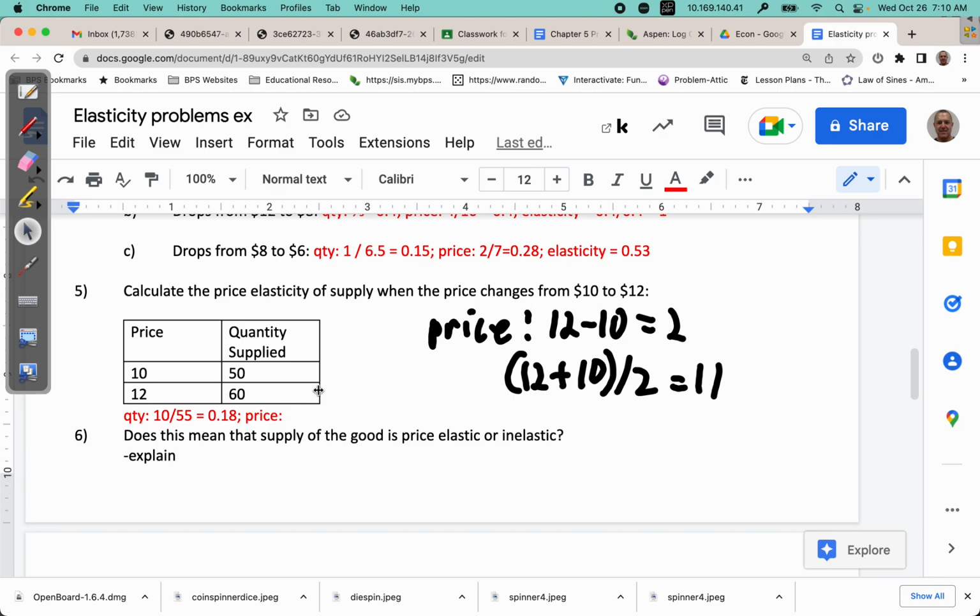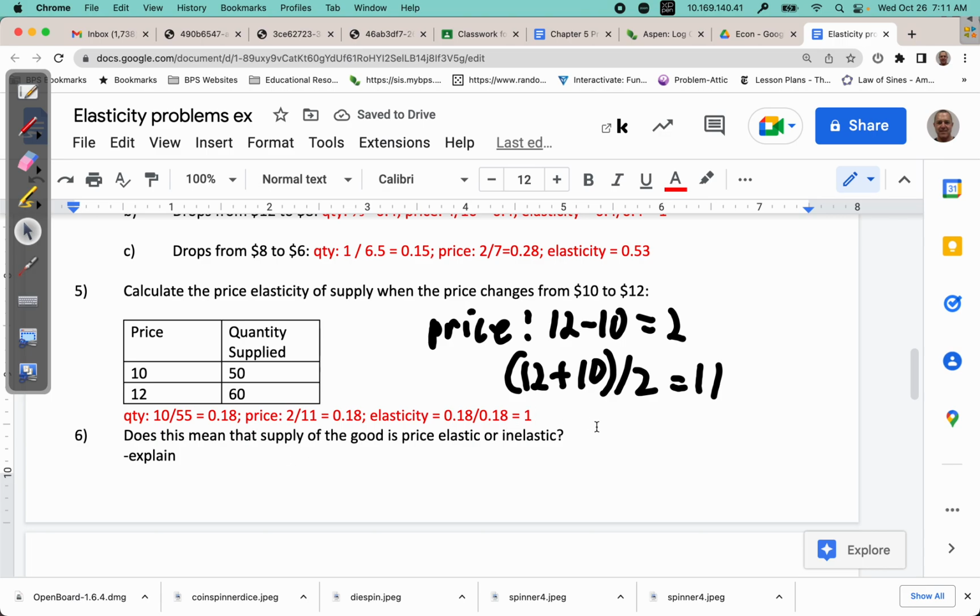So the percent change in price is 2/11. We call this the midpoint method of calculating percent change, by the way. And that's also 0.18. And so my price elasticity of supply is going to be 0.18 divided by 0.18, which equals 1.